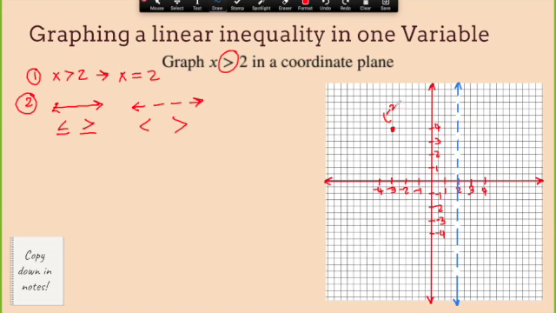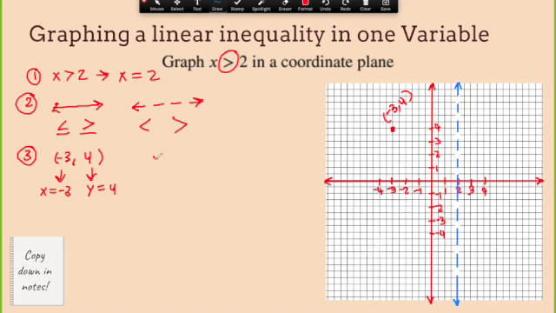So here is (-3, 4). This point is obviously being shown on the left side of the line, and I want to see if that's a solution or not. So again, I have here (-3, 4). The x value is -3, the y value is +4.